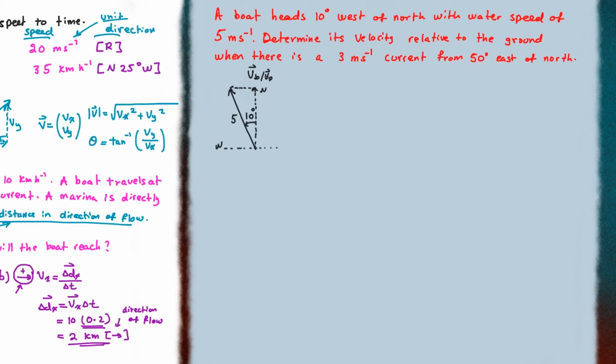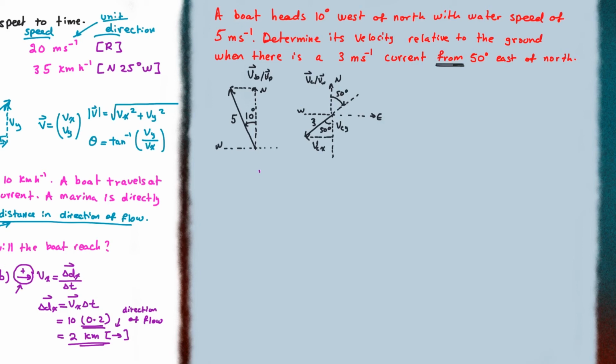The current has a speed of 3 meters per second from 50 degrees east of north, so we'll draw a coordinate system labeled east and north, and 50 degrees north of east is using a dashed line, and it's going towards the opposite direction, so we'll label that and give it a magnitude of 3, and we'll have the angle there as well. And we know that this will have an x component and a y component.